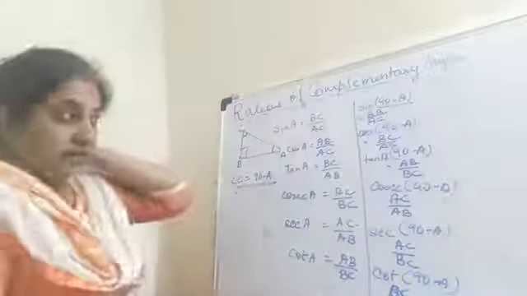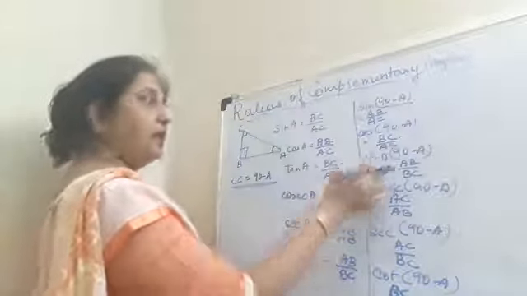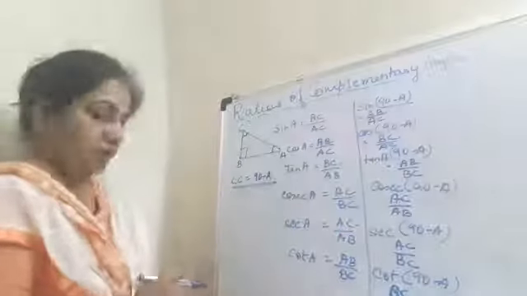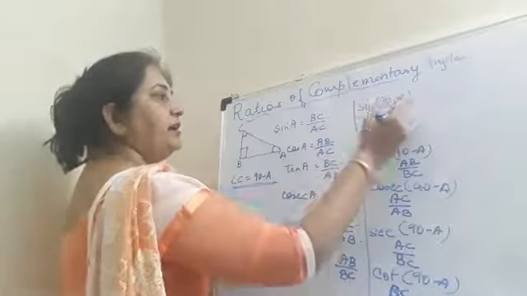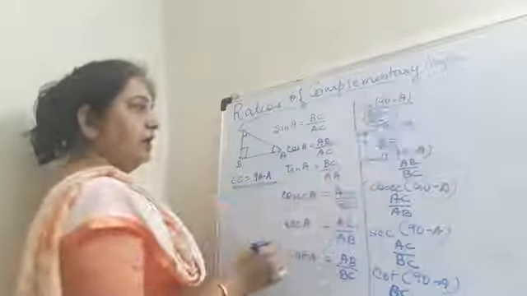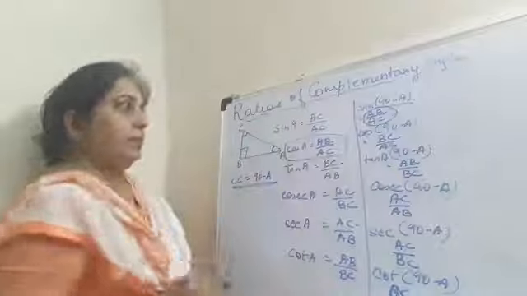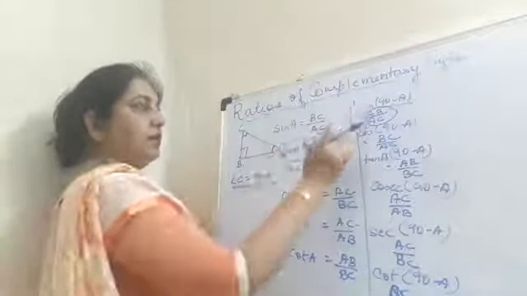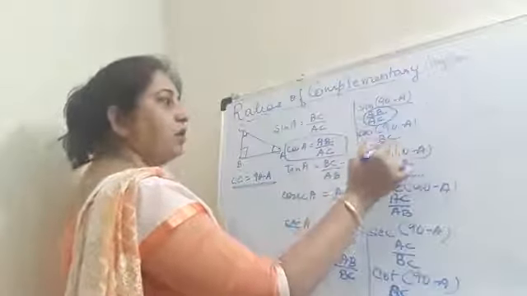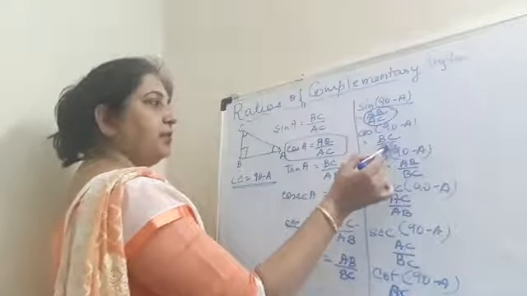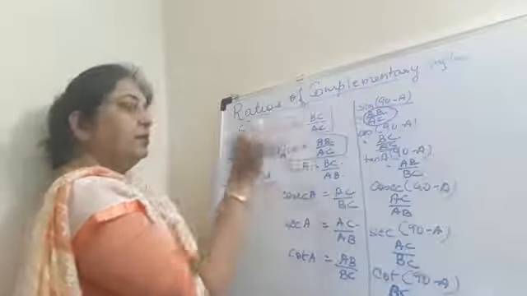So what I've done: the six ratios for angle A and six ratios for angle C, but we write 90 minus A. So now let us compare them. Sin 90 minus A, AB upon AC, is equal to cos A, right? They are equal. Then cos 90 minus A is BC upon AC, which is equal to sin A, BC upon AC.